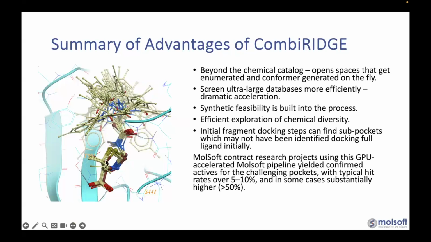So this first step of docking the anchor could have that effect. We've also anecdotally run CombiRIDGE on quite a few projects for pharmaceutical and biotech companies in our own contract research projects here. And we see great success with typical hit rates probably between 5 and 10%, but substantially higher for some projects depending on the target.